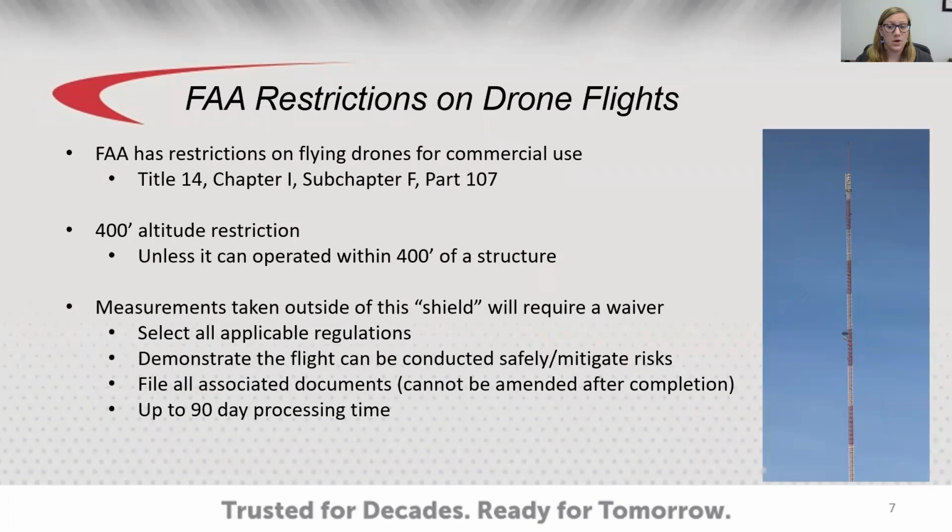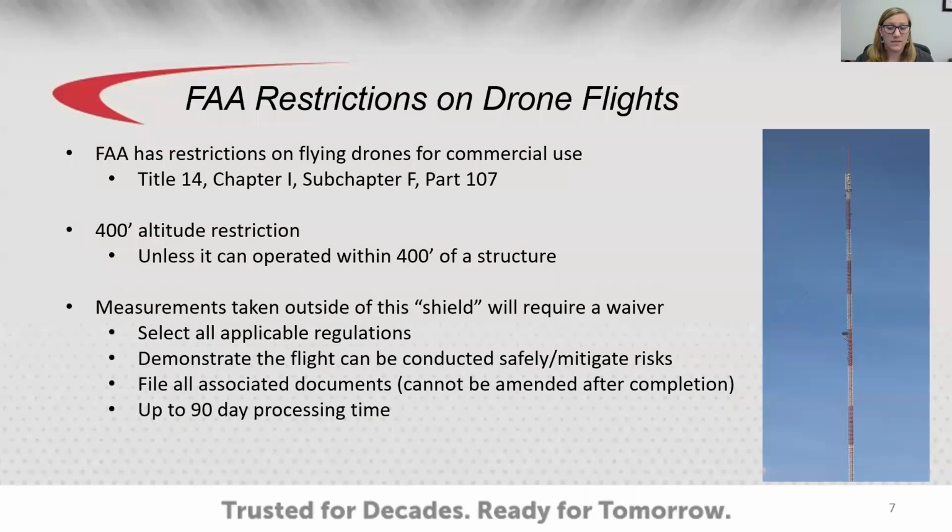Despite their benefits, drones come with a few drawbacks, most of which are imposed by the FAA. The FAA has certain restrictions on flying drones for commercial use. These are listed in Title 14, Chapter 1, Subchapter F, Part 107. These regulations include everything from operating from a moving vehicle to operating over people and have a strict definition for line of sight for drone pilots.